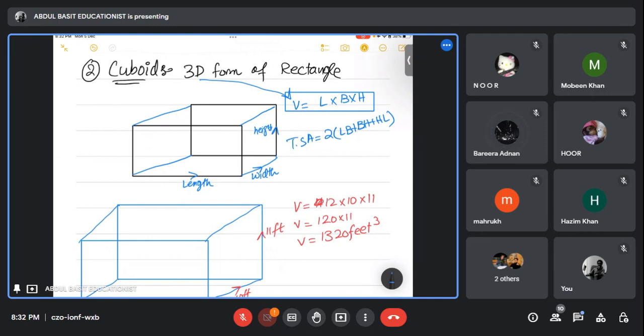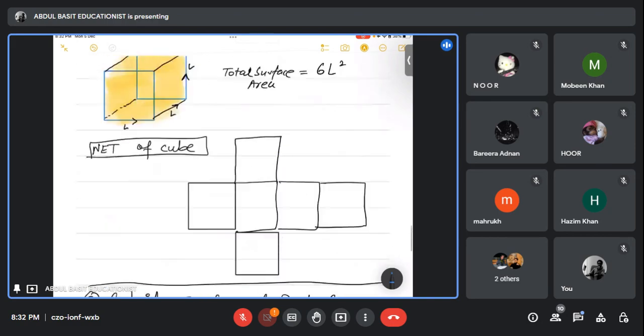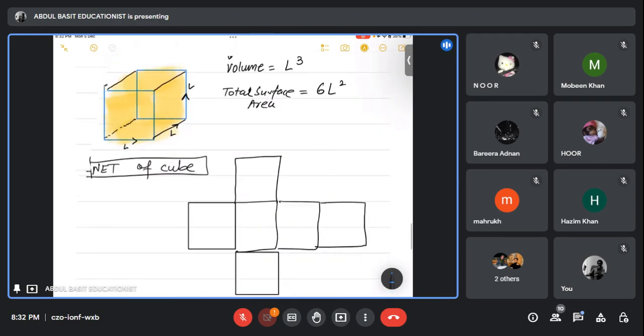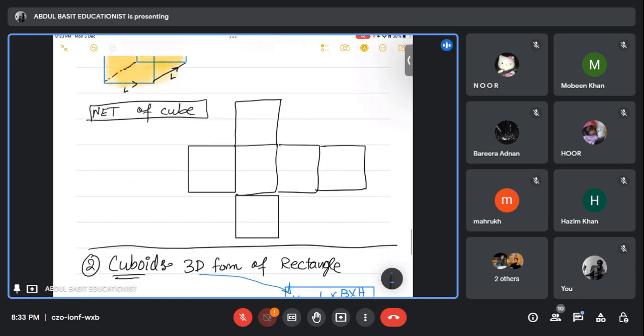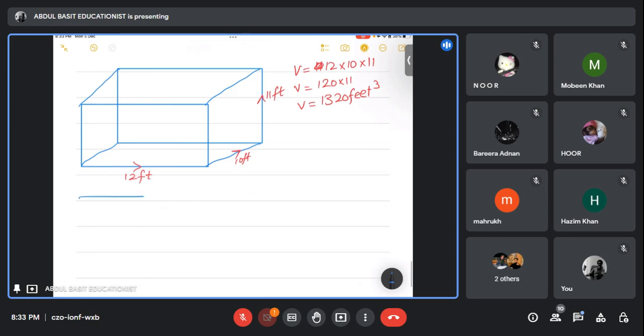Yes, sir. Okay, so that's what a cuboid is, and the cuboid has a net like a cube, but it has six rectangles instead of six squares, and two rectangles of the same dimensions each. So that's what a cuboid is. Any problems so far, everybody?